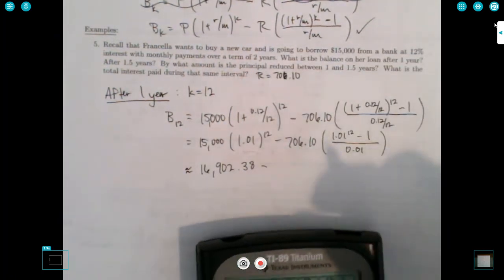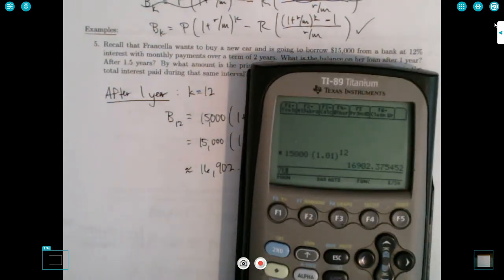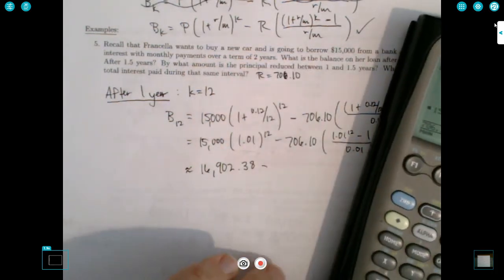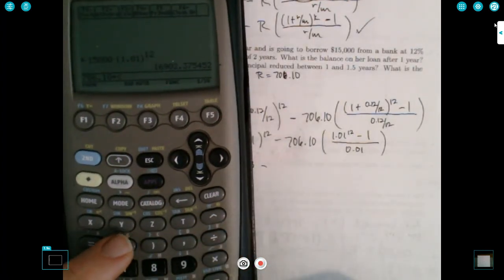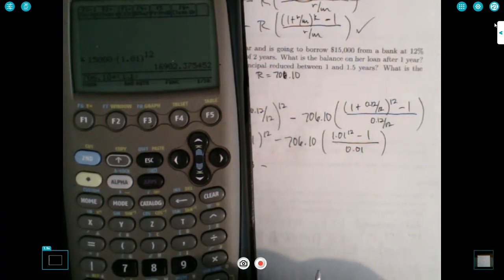Minus $706.10 times, open up a set of parentheses, 1.01 to the 12 minus 1, close the parentheses, divide by 0.01.